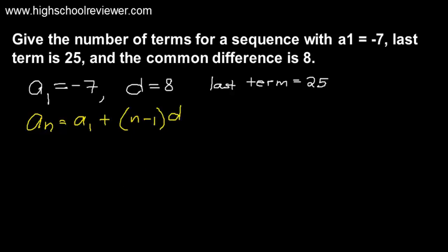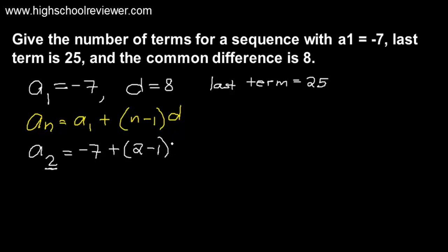Okay, so let us find the second term. Let us start with the second term, so our a sub 2. A sub 2 will be equal to the value of a sub 1, negative 7, plus our n here. Since this is the second term, our n will be 2 minus 1 multiplied by d.